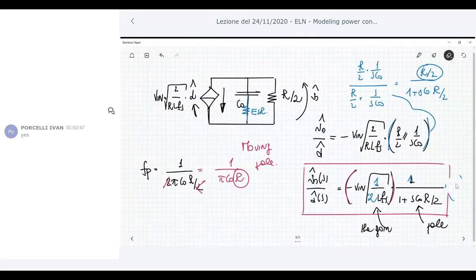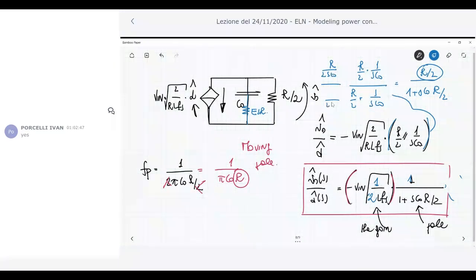I have to check. S C naught plus... So you get 2 here.